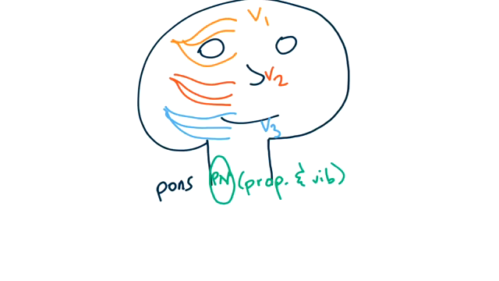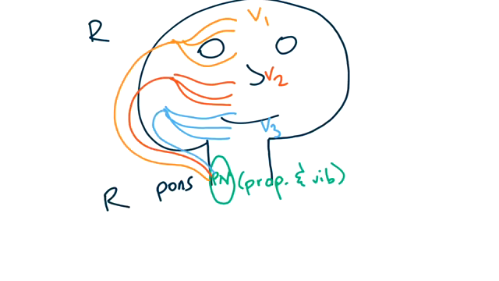This information decussates, or crosses over to the opposite side of the body, immediately. So all of these nerves have been drawn on the right side of the patient's face, and any information about proprioception and vibration goes into the right principal nucleus, like this. After it enters the principal nucleus, it can decussate immediately to the left side of the brainstem. So, left side of the brainstem.